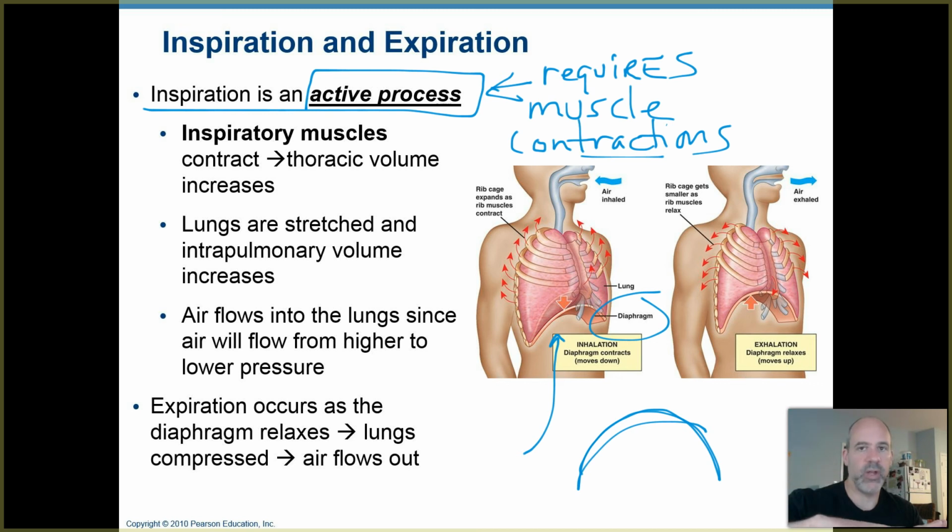That's what they're showing you there on the left side of that diagram. So what's going to happen to the volume of the thoracic cavity? If your diaphragm, when it's relaxed, is up here like this and it flattens out, then the volume of the thoracic cavity increases.